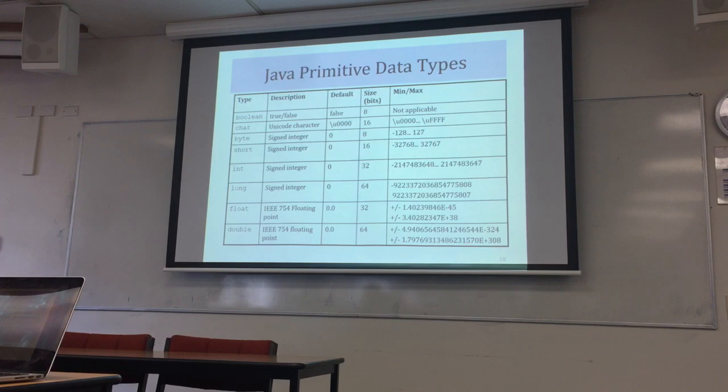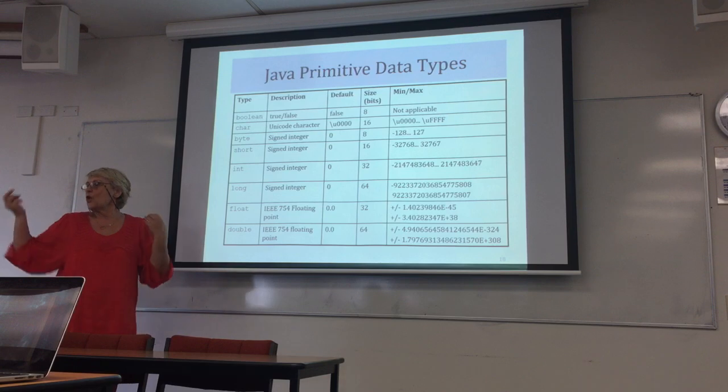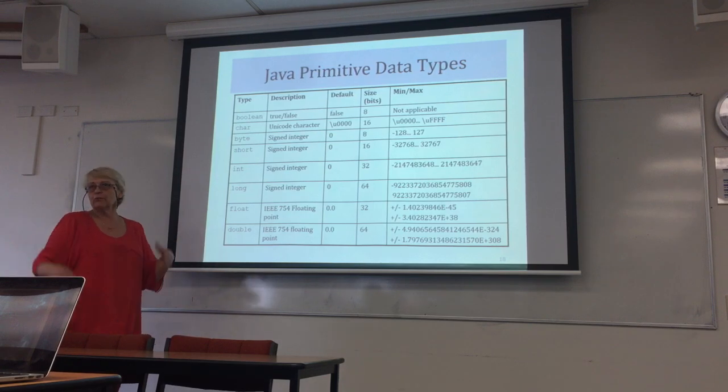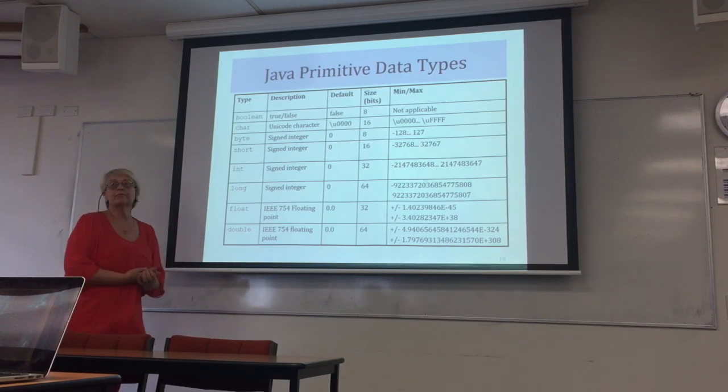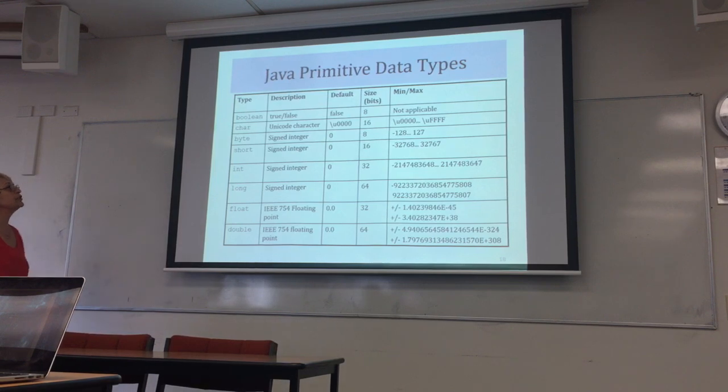A difference between Java primitive types and C++ types is that they are of fixed range. In C++, integer range depends on the computer on which it runs. It can take the largest range for integers on the operating system. If the integer range was extended by the operating system, C++ will extend its range.